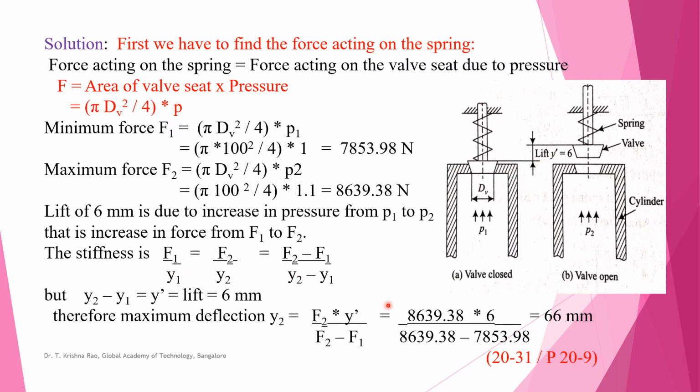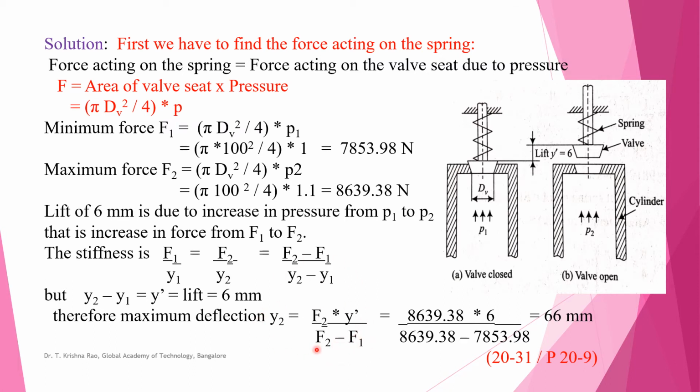There is an equation given on page 20-9, equation 20-31, which says stiffness is load by deflection: F1 corresponds to Y1, F2 corresponds to Y2, then F2 minus F1 gives Y2 minus Y1. If you cross multiply this equation, Y2 equals F2 into (Y2 minus Y1), which is Y dash, by F2 minus F1.